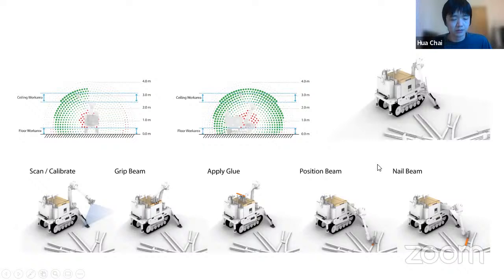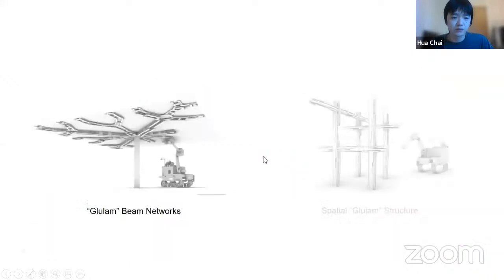The timber structure could be robotically assembled on site by repeating these continuous fabrication routines. So we assume that this kind of construction system, with a robot nailing and gluing components on site, could be regarded as a new kind of glulam structure, which is an extension of the traditional concept of glue laminated timber.